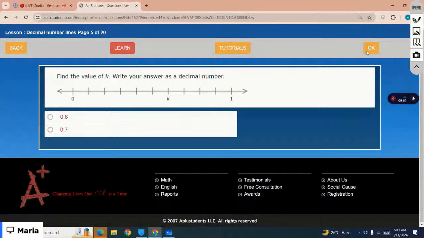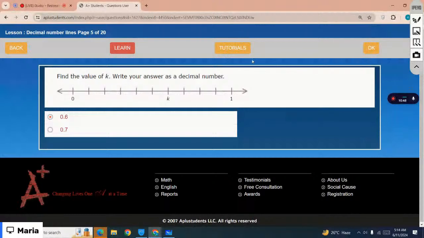Find the value of K. Write your answer as a decimal number. Which is the correct option? Zero point 6.